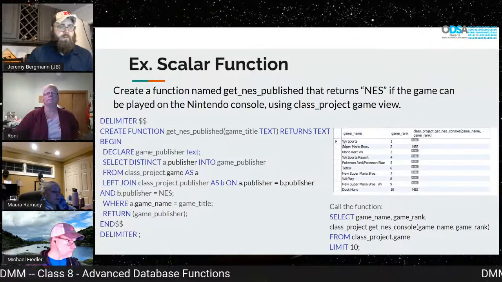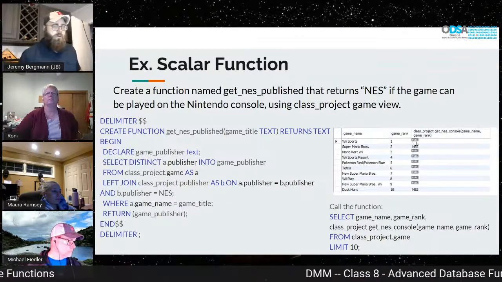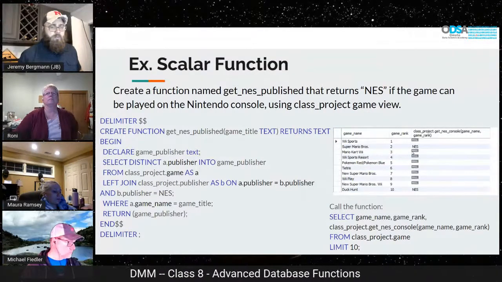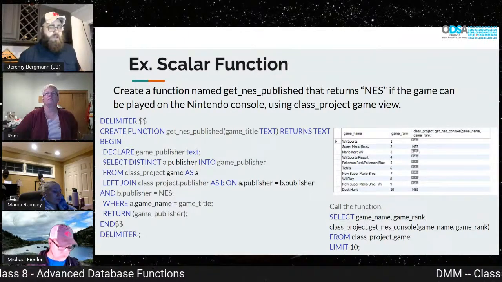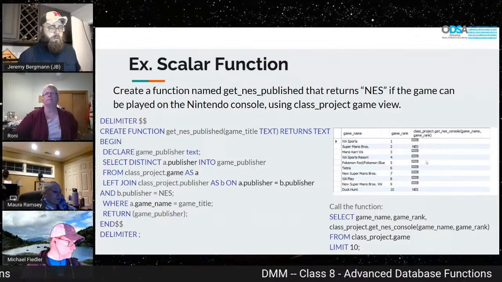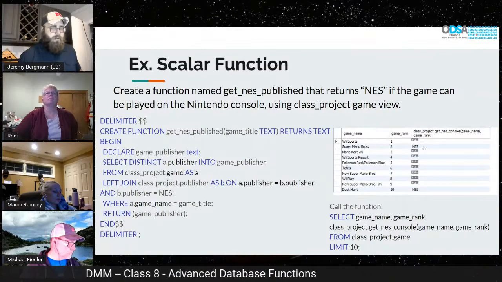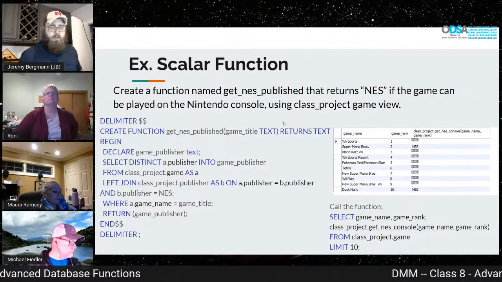Remember with a scalar function, we talked about how it goes row by row and provides a value or not. Like a date function or a string function, if you have a string and you apply a string function, it goes row by row. That's exactly what this function does, except it returns NES if the game can be played on the Nintendo Entertainment System console.